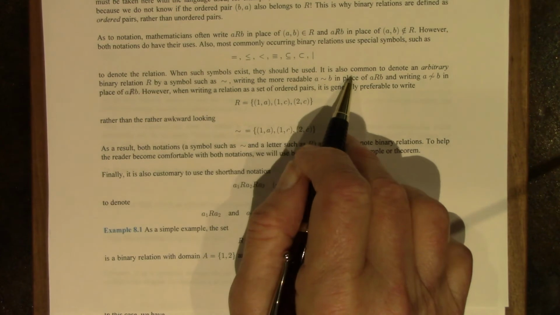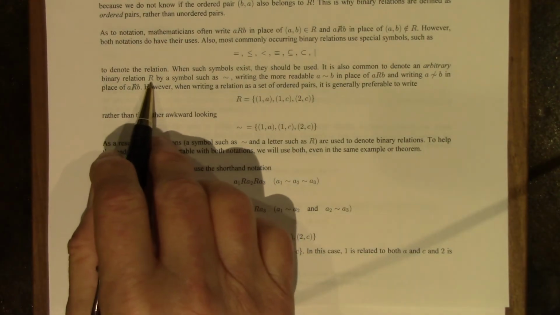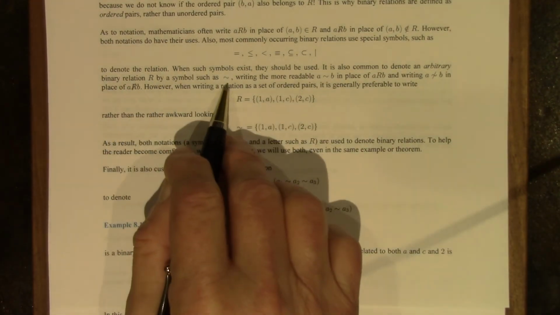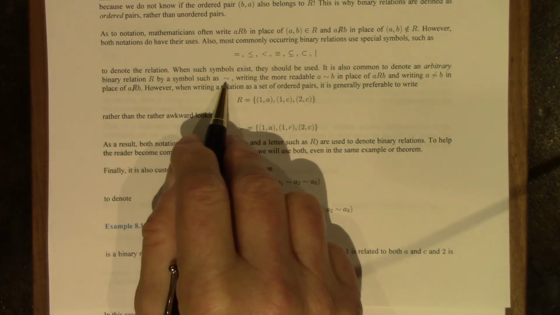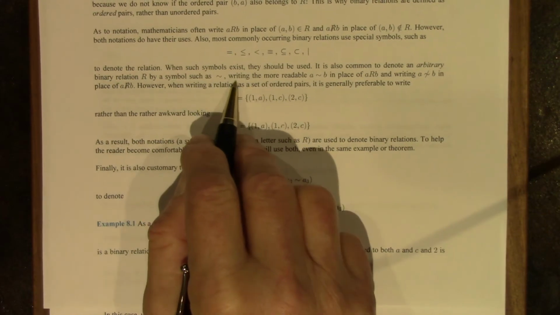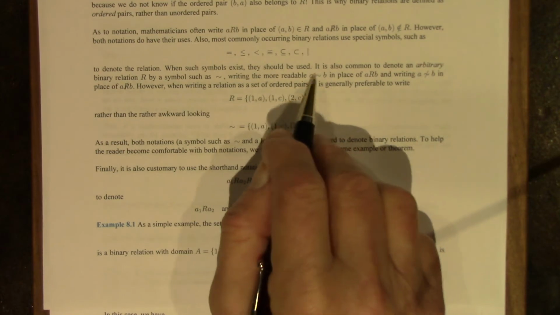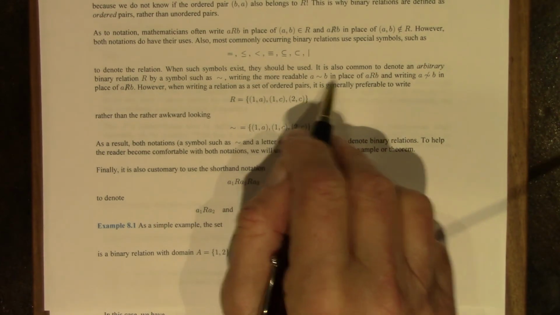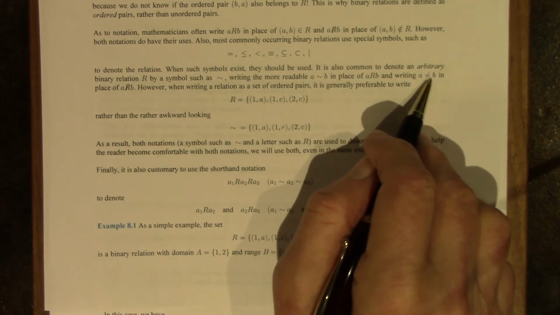But it's common to denote an arbitrary binary relation, a non-specific one, which we might denote by R, also by a symbol such as this tilde. This is the symbol I prefer to denote an arbitrary binary relation. I'm sure there are others. So now one can write this expression, A tilde B, and again you'd read it as A related to B in place of ARB, and A not related to B would look like this.